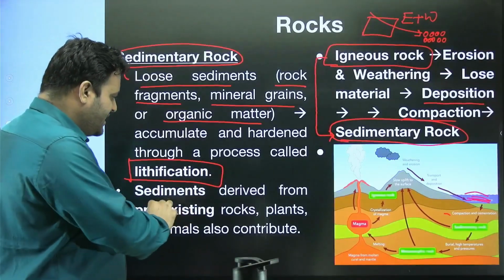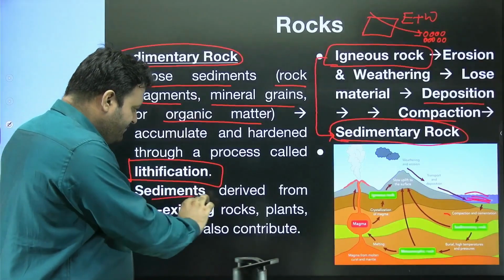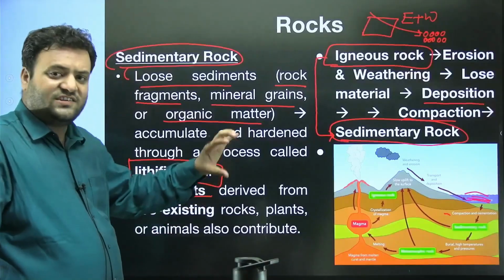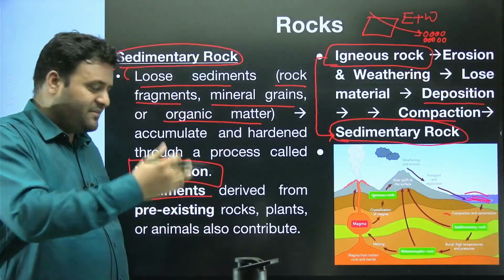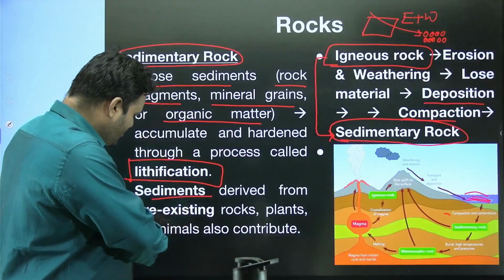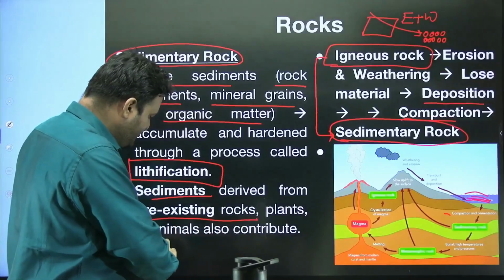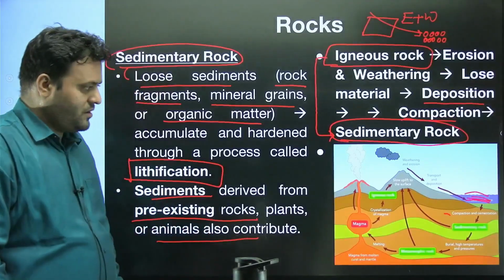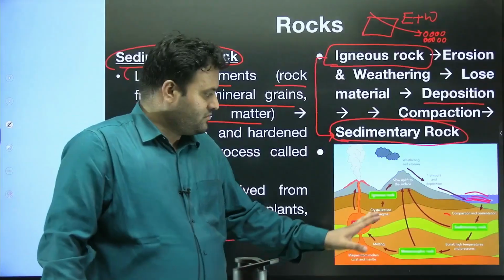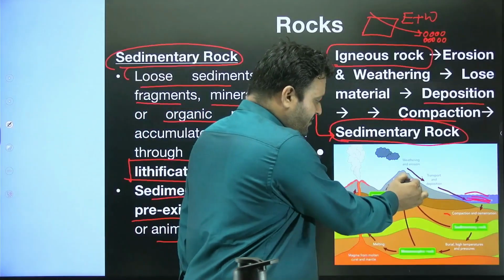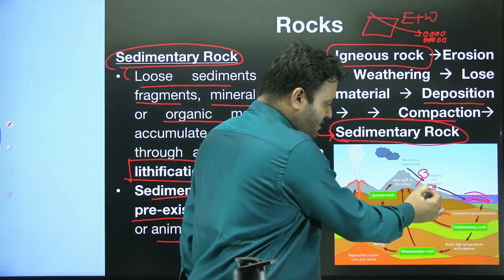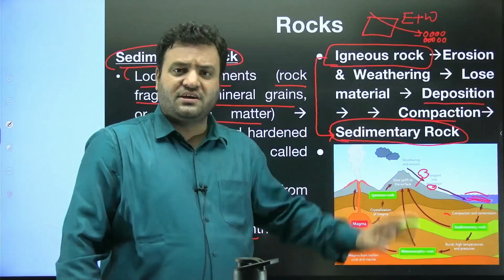Here the sediments are basically derived from pre-existing rocks, plants and animals. So suppose in this case we could have a tree here, some sort of animal here along with the rocks.